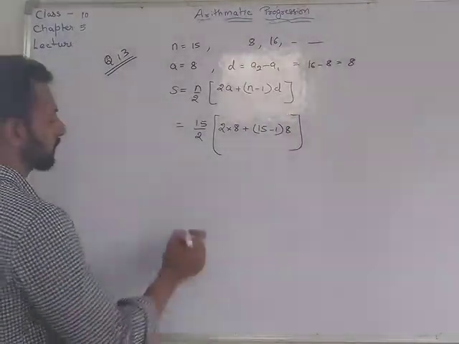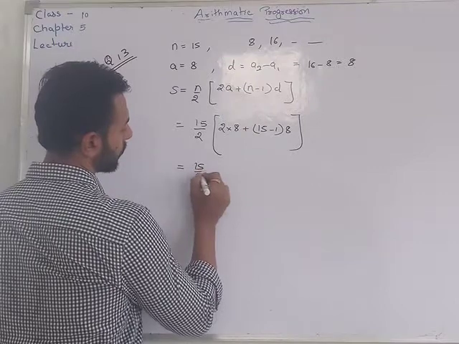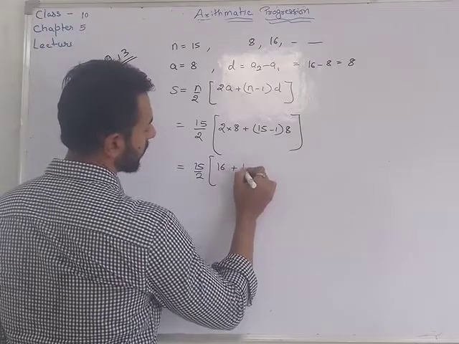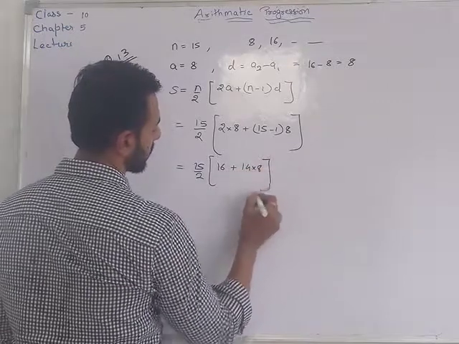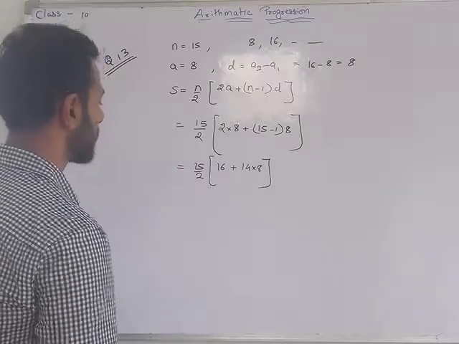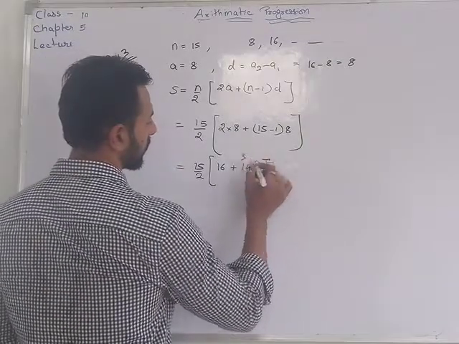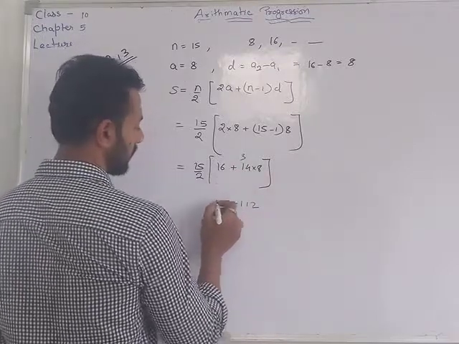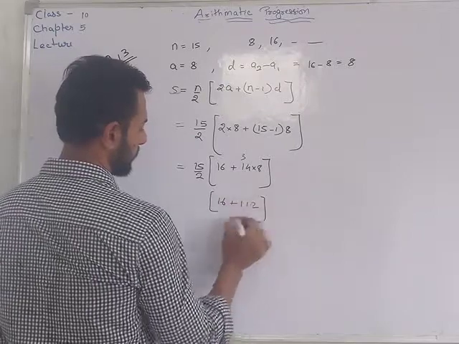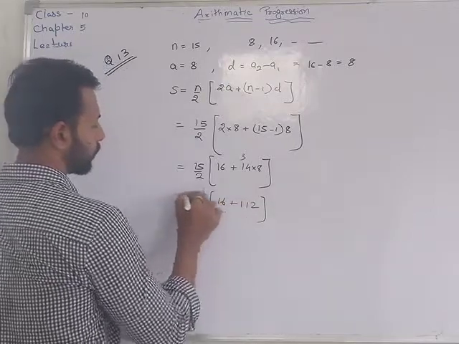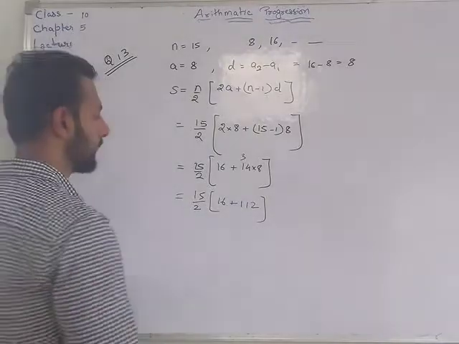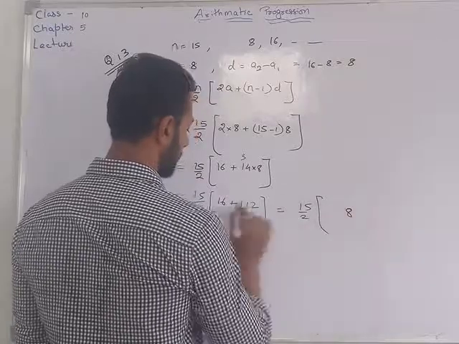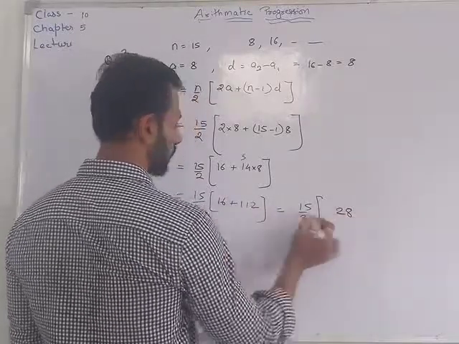Now solving this, 15 by 2, 2 into 8 will be 16 plus 14 into 8. 14 into 8, 8 4s are 32, 8 1s are 8, so 112. 112 plus 16, adding these two we get 15 by 2 into 128.